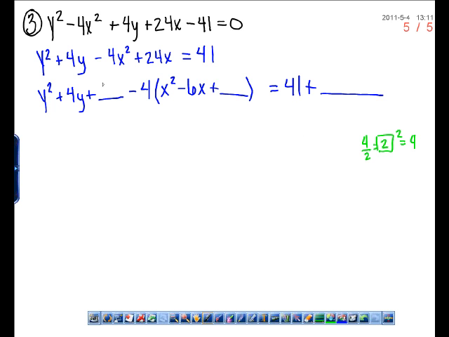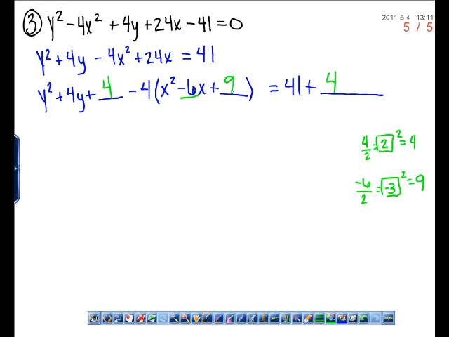So if I add 4 here, what do I add to the other side? 4. All right. Next, I'm going to take this negative 6. So negative 6, half it, what do we get? Negative 3, box it, square it, what do we get? 9. So I add in 9 right here.